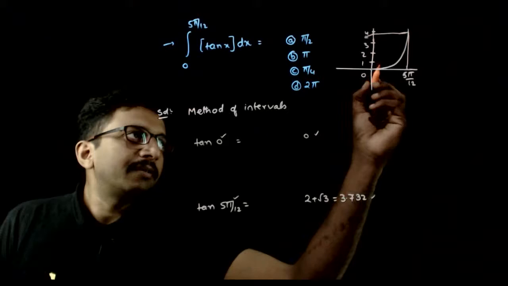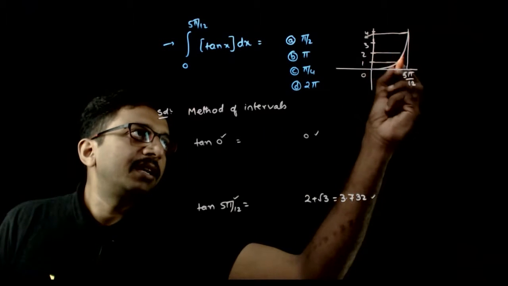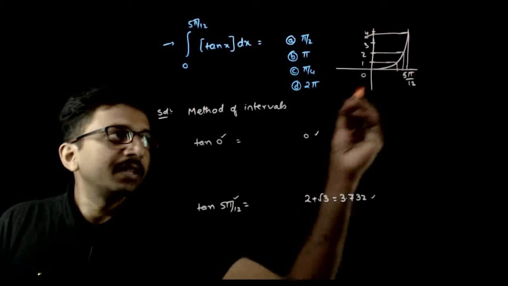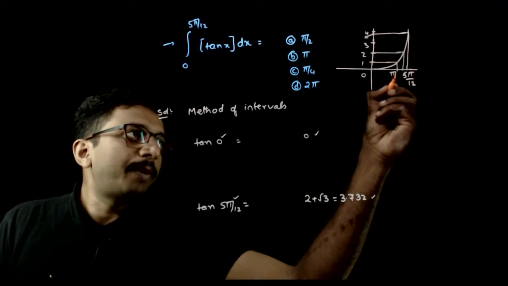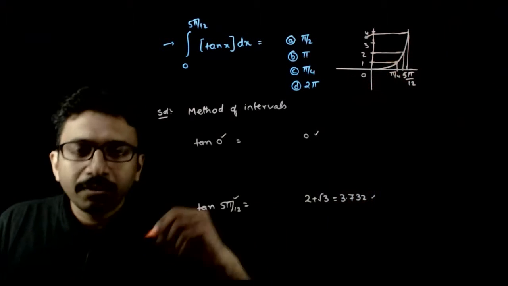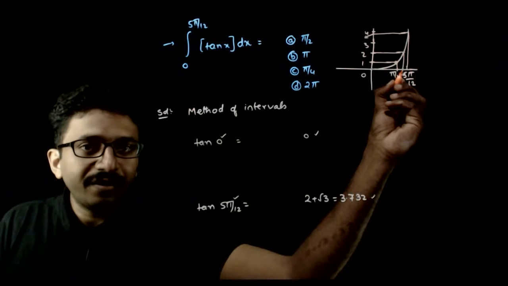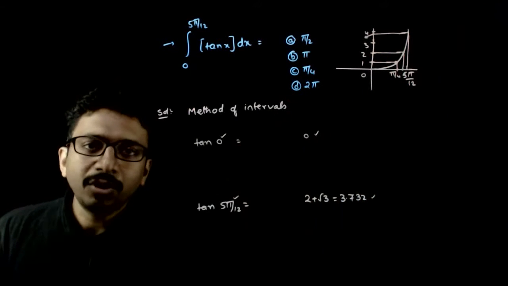Now, in integer part questions we divide the interval. From 0 to π/4, we know that at π/4 tan x attains the value 1. At what value of x will tan x be equal to 2?